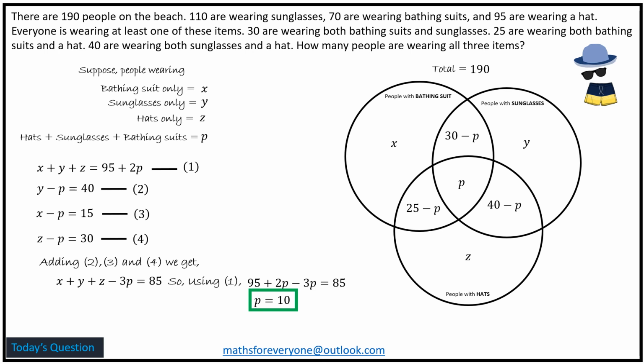So that is the number of people who are wearing all three items. This is how I've worked out the answer.